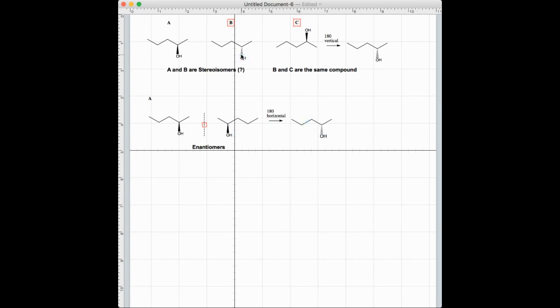So this is the mirror image, but they are just presented in a different way. That's why you need to get good at flipping molecules. So because they are stereoisomers that are a mirror image of one another, we can say that A and B are also enantiomers.